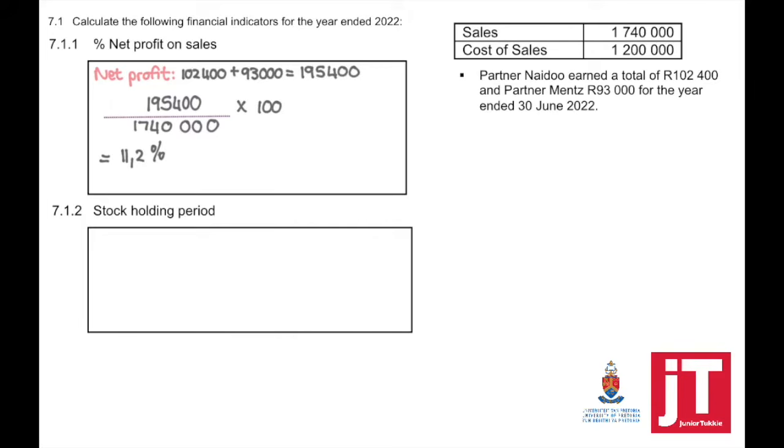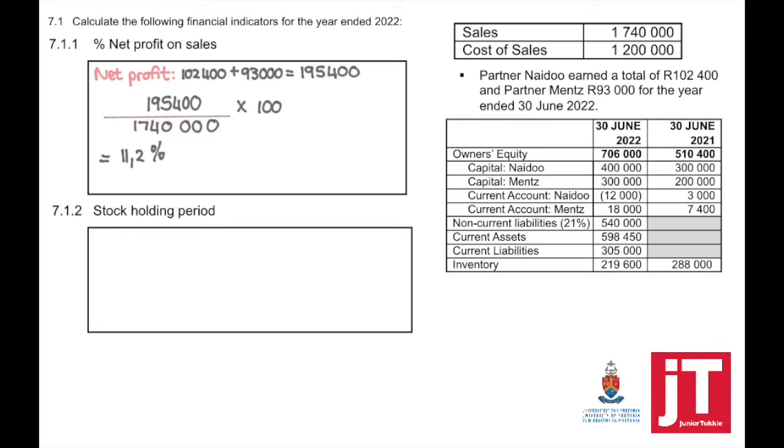7.1.2, the stock holding period. Now to calculate the stock holding period, we need our cost of sales and we need our average inventories. On my Statement of Financial Position, inventories, they provided 30 June 2022 and 30 June 2021.